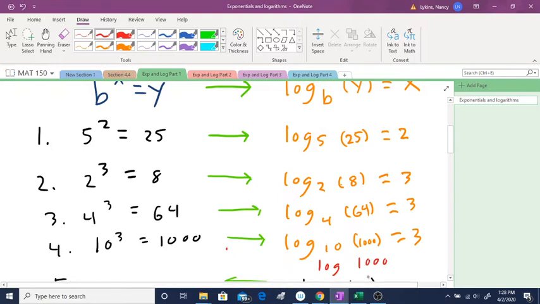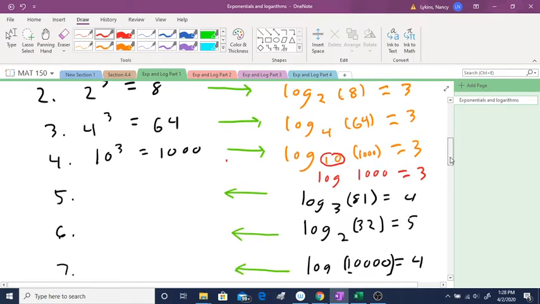Put this in your calculator, and look what you come up with, 3, because our calculators read log as base 10. So if you don't see any base along with the log, it's assumed that it's a 10.